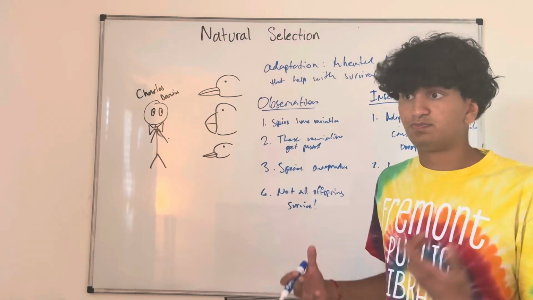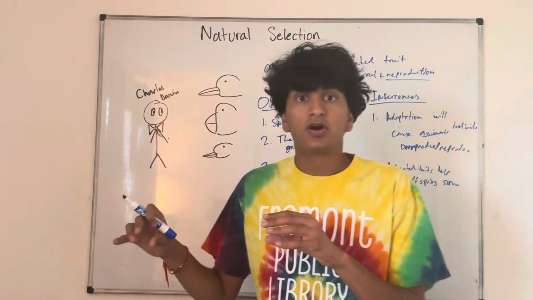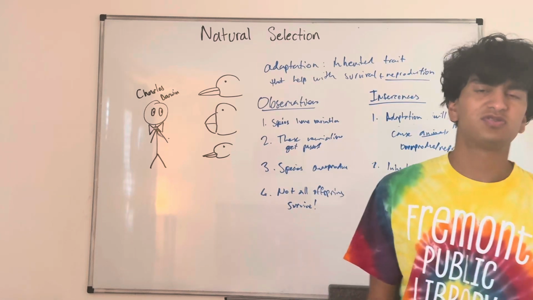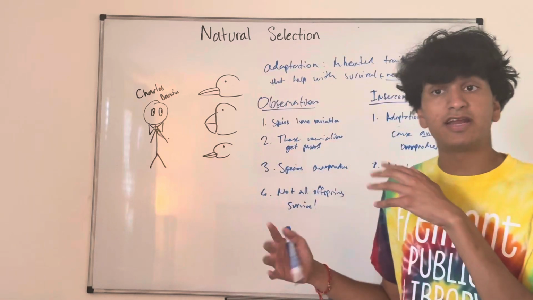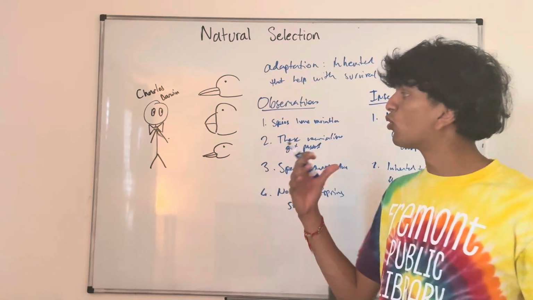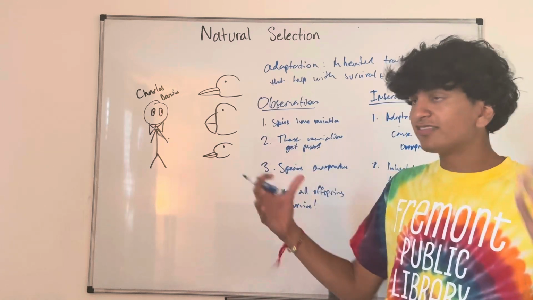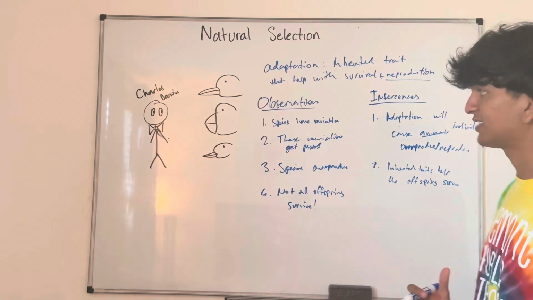And that bird, and maybe its siblings, were able to eat more, and they were able to survive, and they were able to reproduce, and then their kid had a similar kind of beak, right? So generation after generation, you're seeing more and more variations causing it to look closer and closer to a beak like this, but it happens over a long, long time.